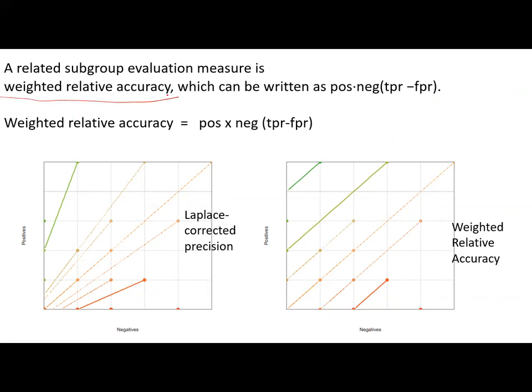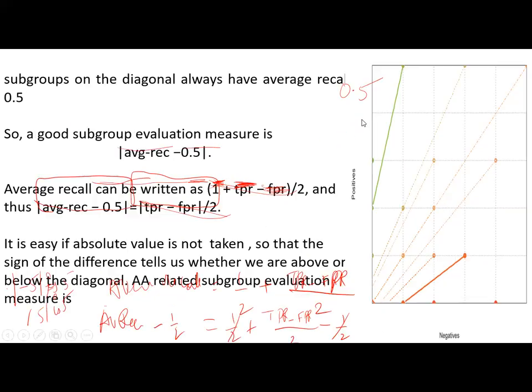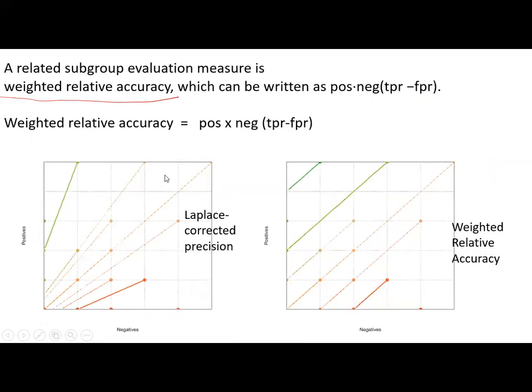We have already seen average recall minus 0.5, which is a subgroup evaluation measure. This is the first one, and the second one is weighted relative accuracy.